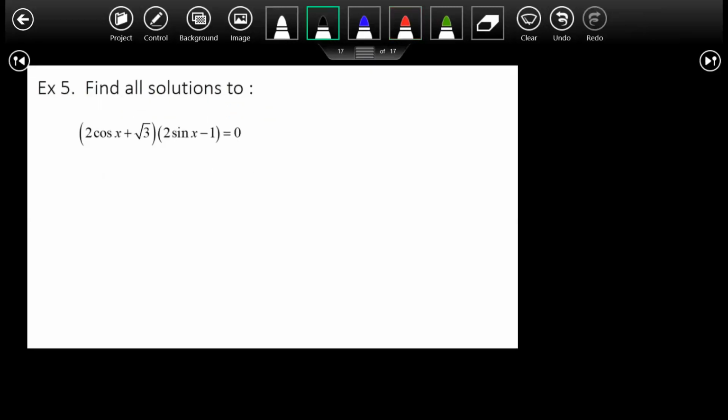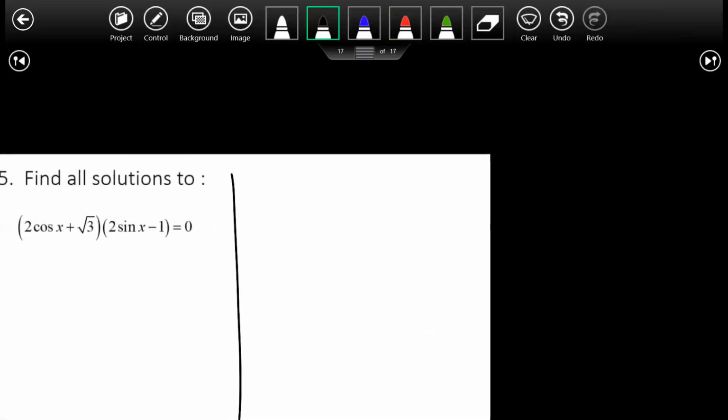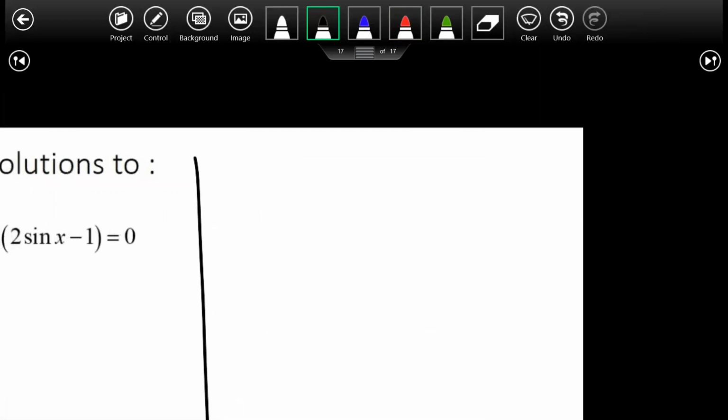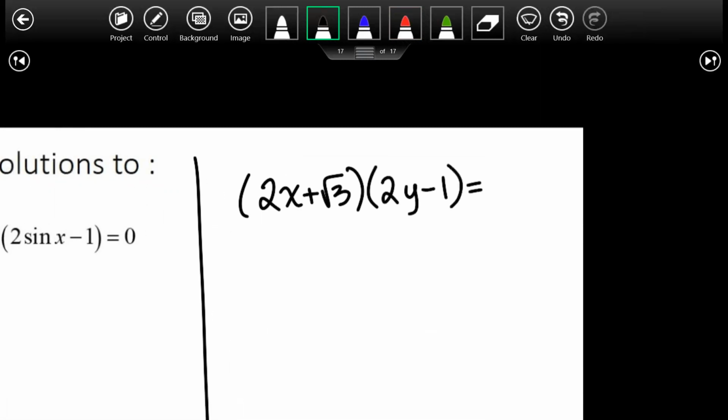Now, before I continue this one, what I'm going to do is split this up. And I'm just going to give you something, and hopefully you guys can see where I'm getting at with this. Let's say I wrote it this way. How would you solve the one to the right?